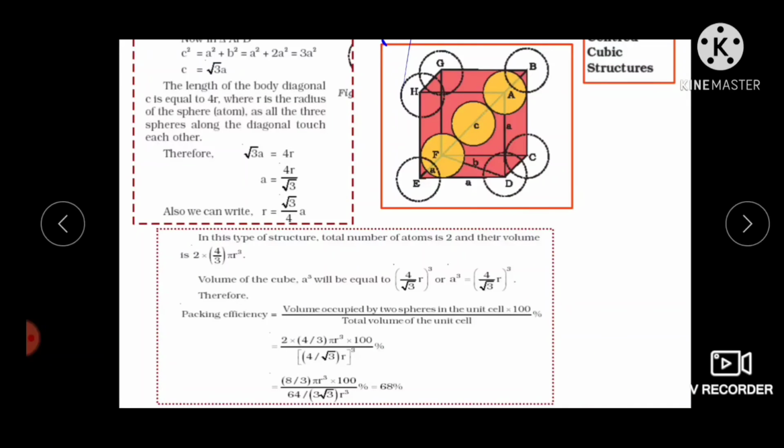In BCC, the number of atoms present per unit cell is 2. Volume of sphere is 4/3 πr³. Then volume occupied by 2 spheres in the unit cell equals 2 into 4/3 πr³. And total volume of the unit cell, which we found before, is 64/(3 root 3) r³.